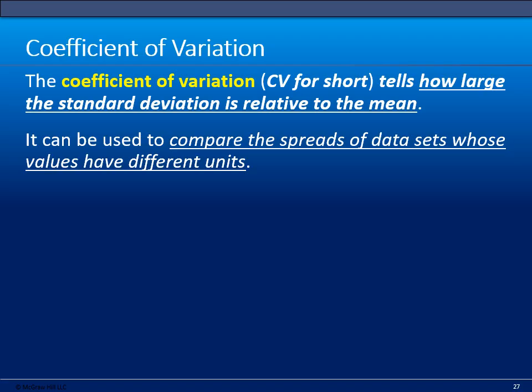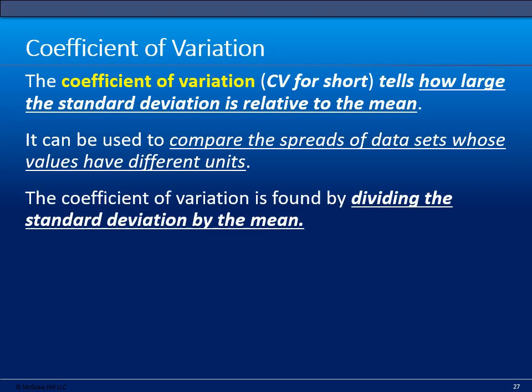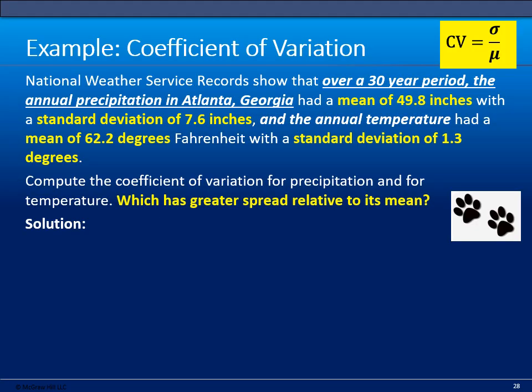What we're looking at here is if we have very different units of measurement, because we're measuring different types of data points, we can use this coefficient of variation to compare the different standard deviations. Simply dividing the standard deviation by the mean gives us this coefficient of variation. So calculate these and see if you can figure out what those two values are, and then what they imply.